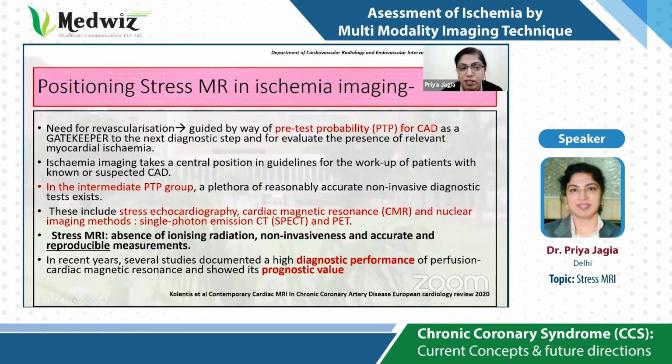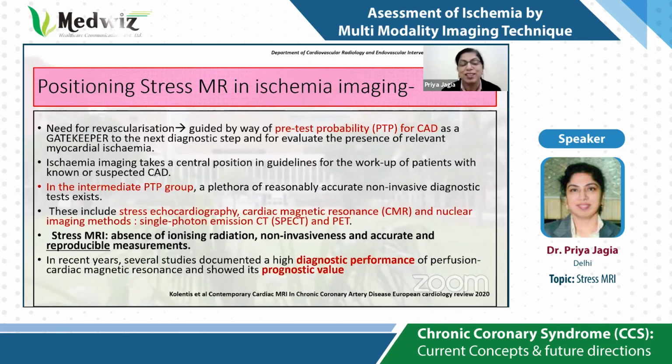It is placed alongside stress echocardiography and the nuclear stress test as a gatekeeper to guide revascularization, guided by the pretest probability of coronary artery disease, and it is recommended for the evaluation of patients who have an intermediate to high pretest probability of having coronary artery disease.